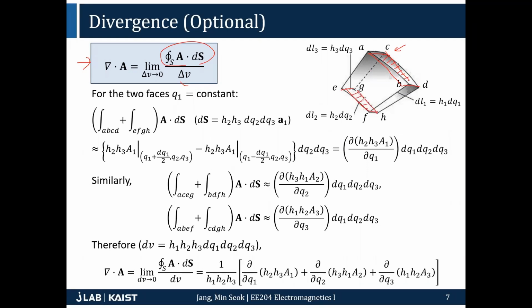And as I said, this is the Q1 axis, right? And here in the middle, there's a point P. So the coordinate of this face is what? It is Q1 minus dQ1 divided by 2, right?